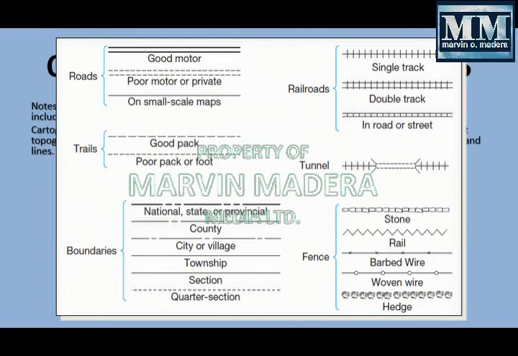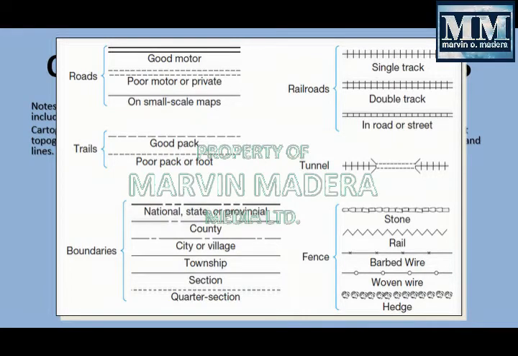So we have here an example of the cartographic features or legends that are commonly used in maps. Say for roads, they are mostly represented by a line, two lines, or a broken line. Trails are mostly represented by a broken line.